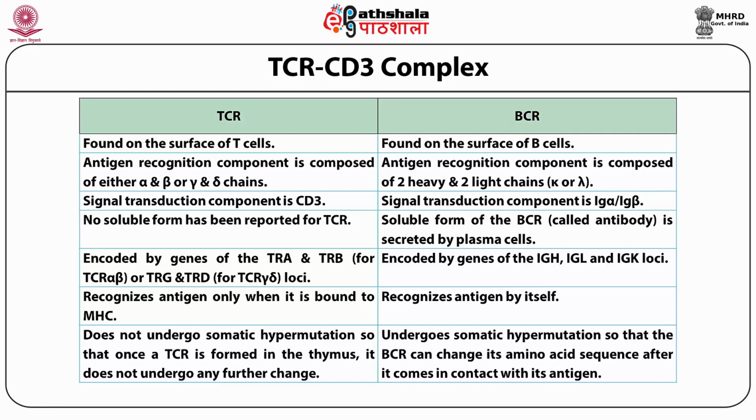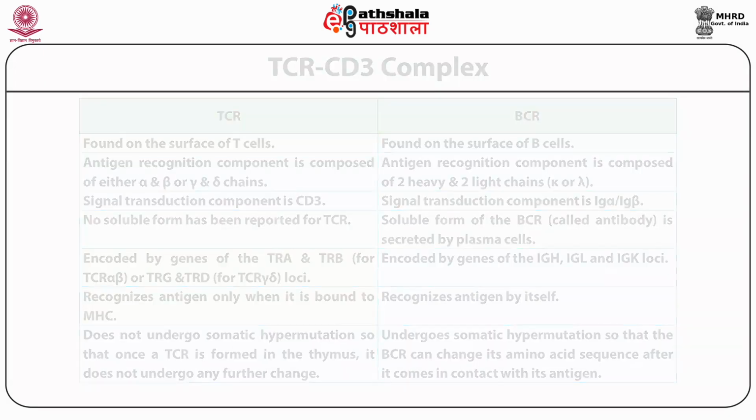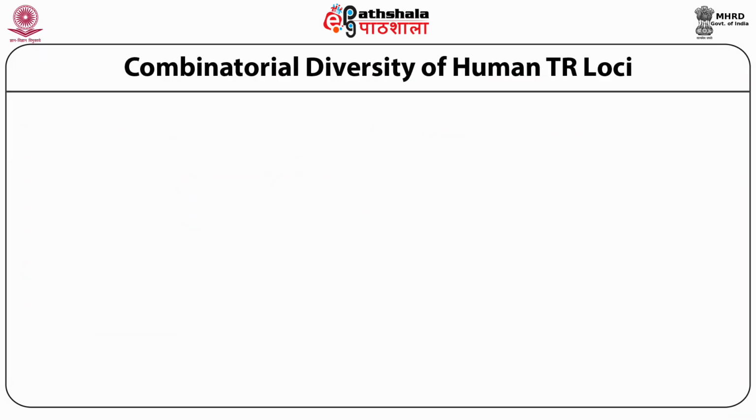However, the BCR undergoes somatic hypermutation so that the BCR can change its amino acid sequence after it comes in contact with its antigen.